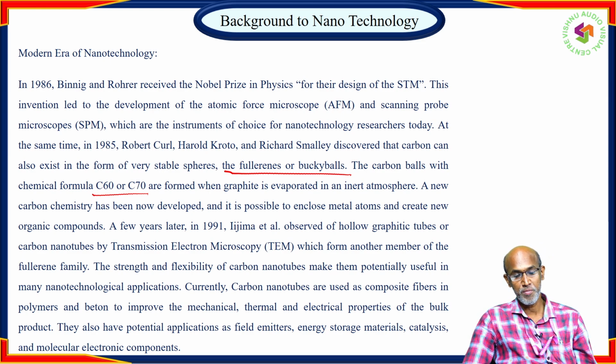Currently, carbon nanotubes are used as composite fibers in polymers and concrete to improve the mechanical, thermal, and electrical properties of the bulk product. They also have potential applications as field emitters, energy storage materials, catalysis, and molecular electronic components.